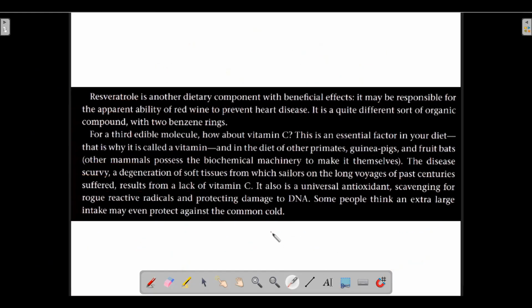The sailors on long voyages in the past centuries did not get fresh fruits and vegetables for a very long time, like 6 months, 8 months. So they used to suffer from scurvy, and this scurvy disease results from a lack of vitamin C.